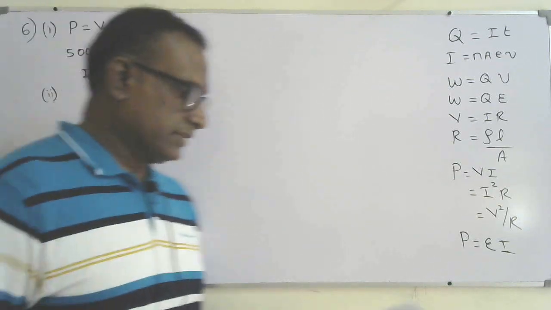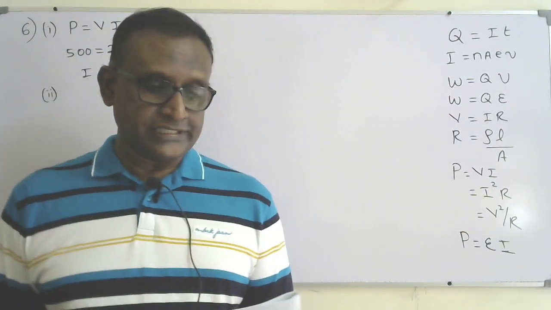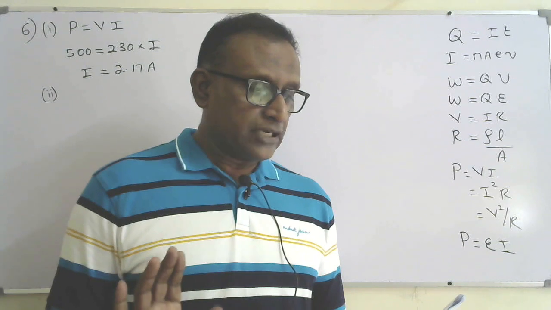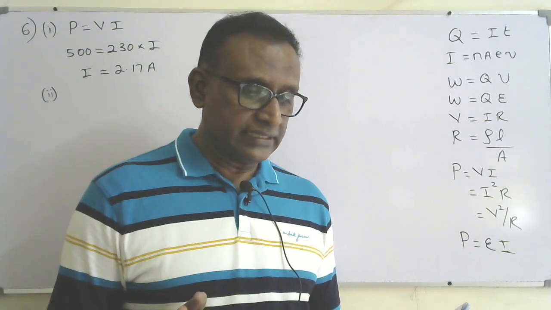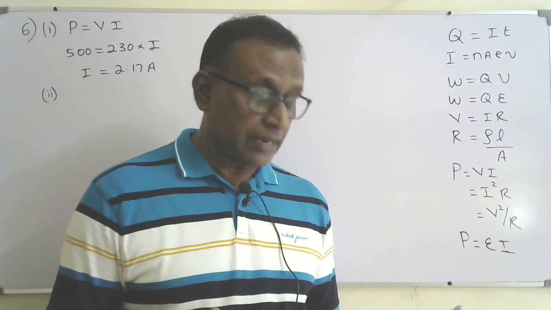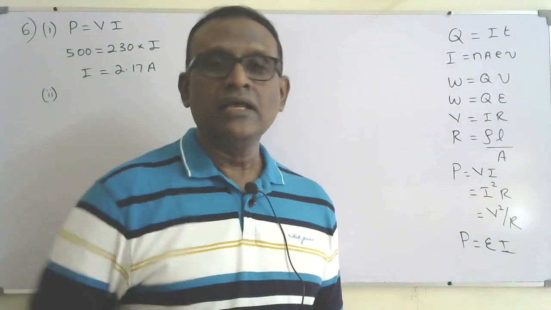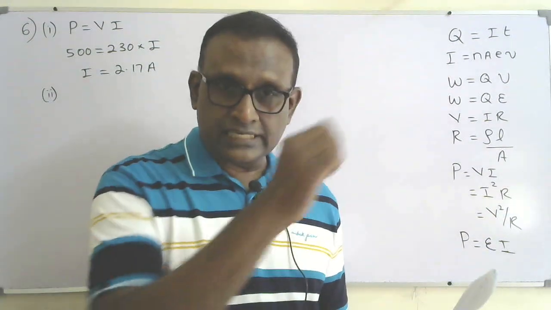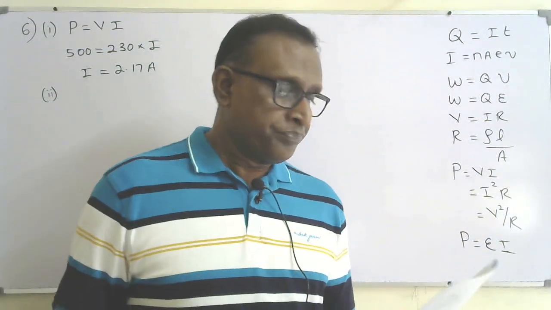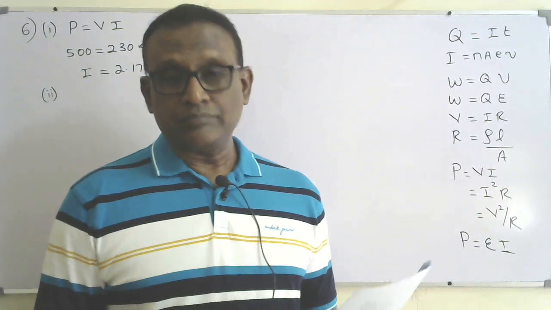Okay, second part. Again, it's an explaining type question. The heating element of the toaster is made of much thinner wire than the wire in its supply lead. Okay, the coil is made of a thinner wire than the wire which is connected to the plug point, right? But both are made of the same material.